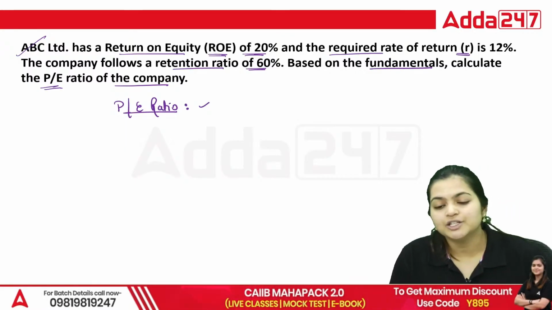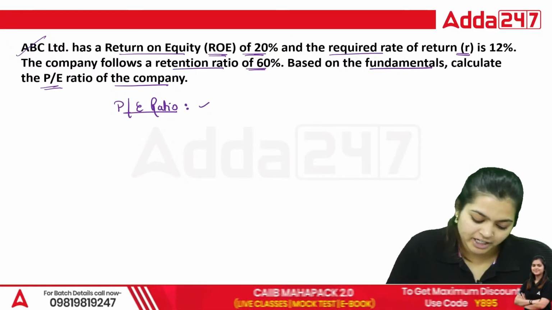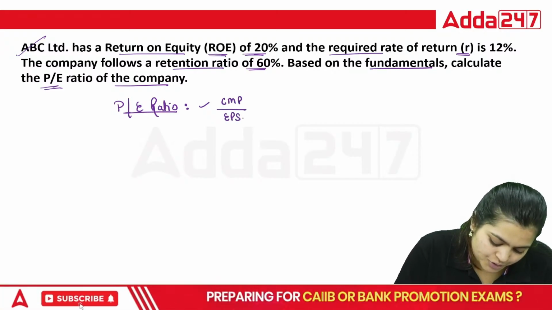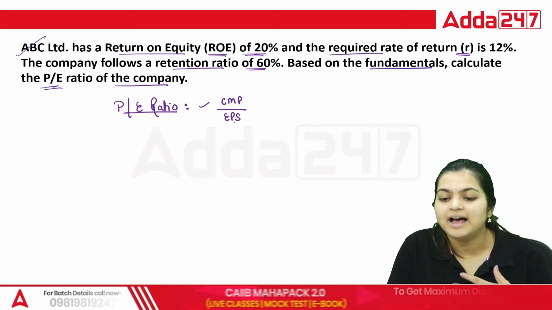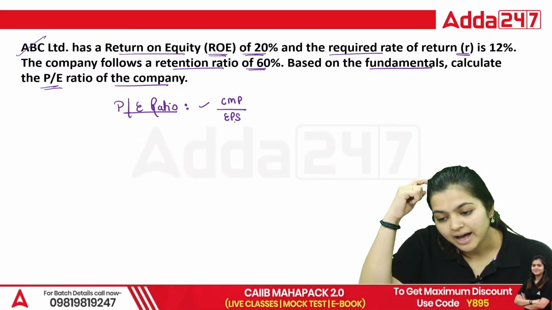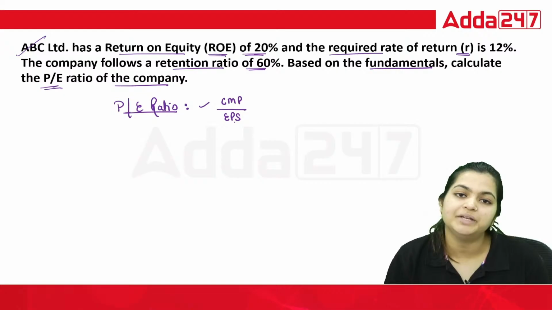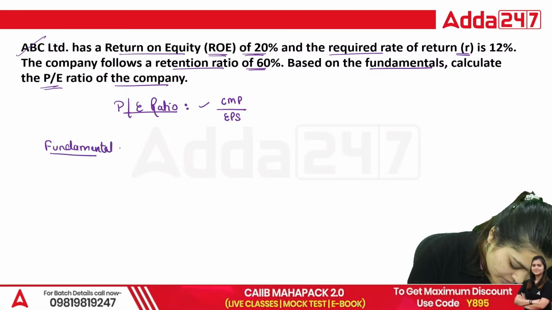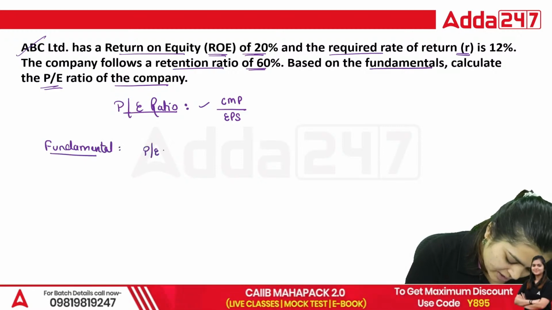So that is what PE ratio talks about. PE ratio is nothing but your current market price divided by earnings per share. For each earning, as an investor, how much amount I'm ready to pay, that is what PE ratio is. But in this question, they're talking about the fundamental calculation of PE ratio.